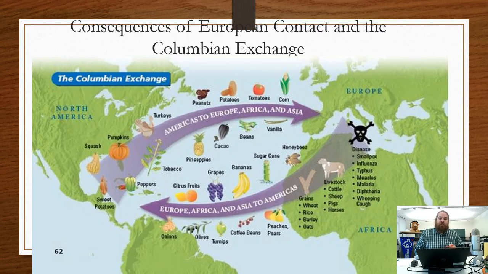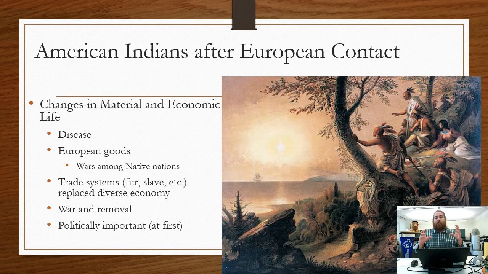So after the Columbian Exchange, huge consequences, right? Diseases, war, but also a lot of back and forth of goods, back and forth of crops, things like that. The Columbian Exchange really does change everything about the world that we're talking about. And it also changes everything for the American Indians living inside of what is now the United States.